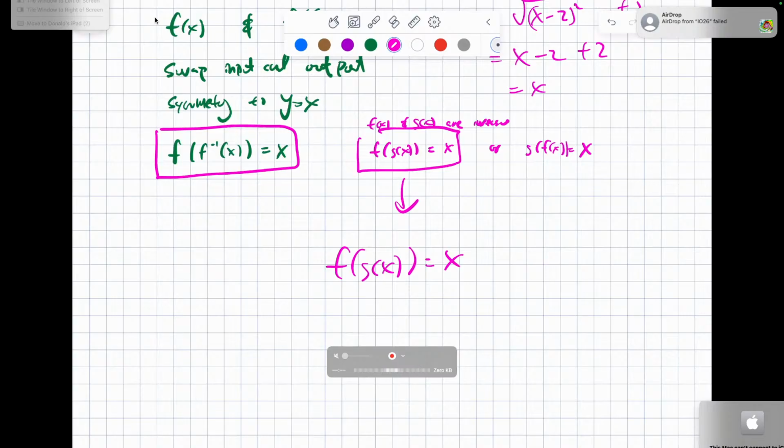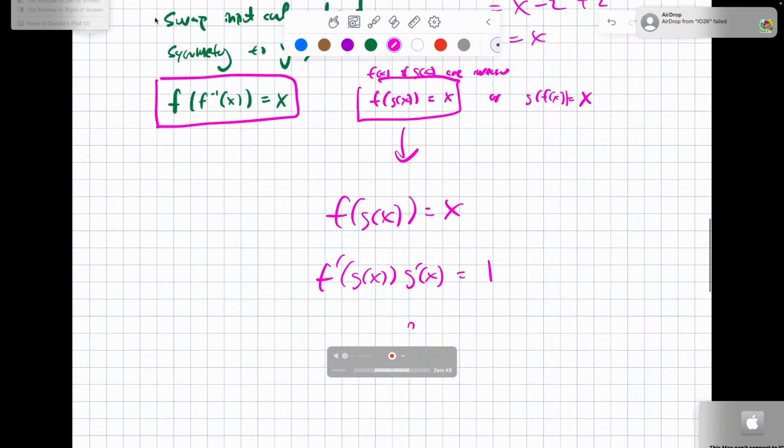If I take a derivative, I will get f prime of g of x times g prime of x, and it's equal to 1. Now remember, f of x and g of x are inverse to each other, right? So we just came up with the formula that Joshua was saying, which I thought was pretty cool. It's actually using the idea that we have learned in the past. Is that okay?